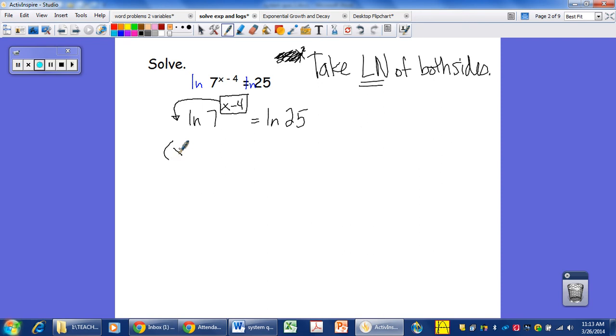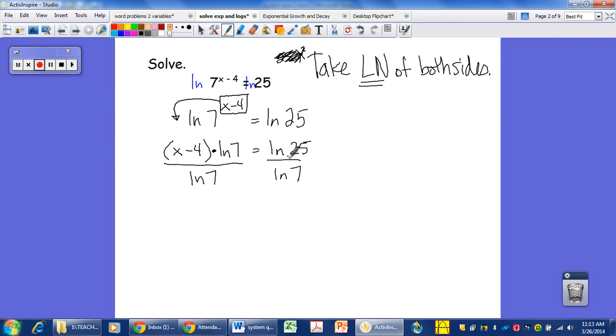So the power property says that we can take this exponent and change it into a multiplication. So x minus 4 times the natural log of 7 will now equal the natural log of 25. So we have taken the variable out of the exponent, and now it's in a nice multiplication. So we solve multiplication by dividing, so we'll divide both sides by the natural log of 7.